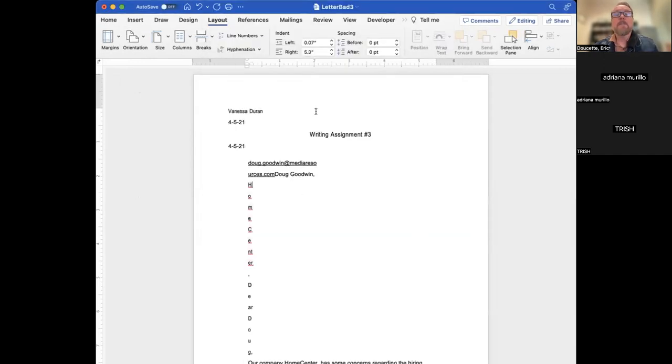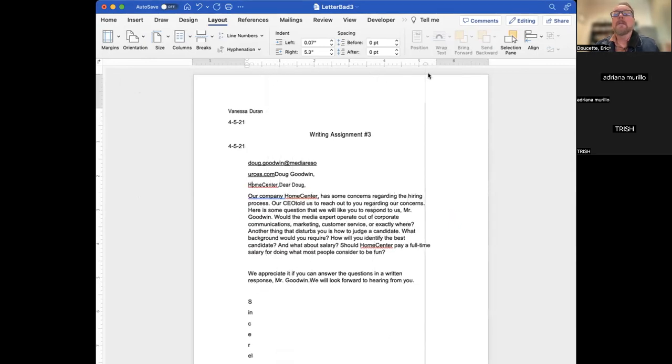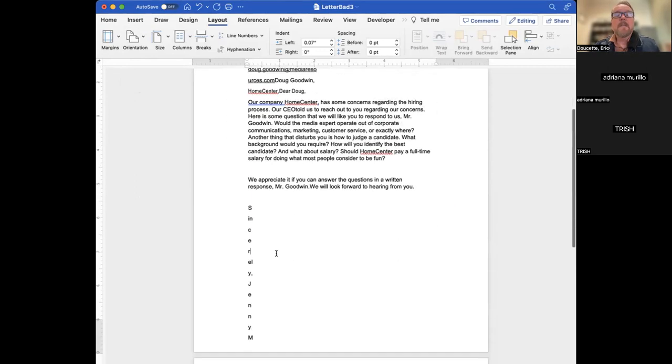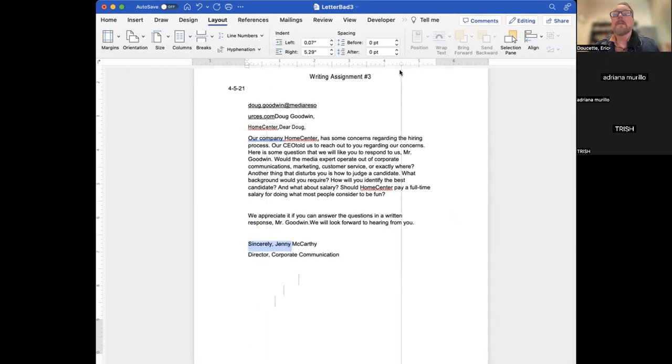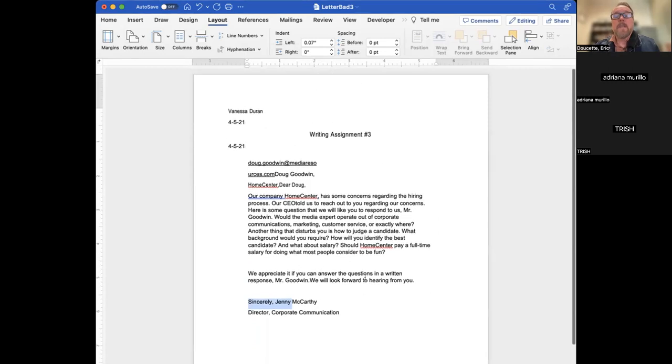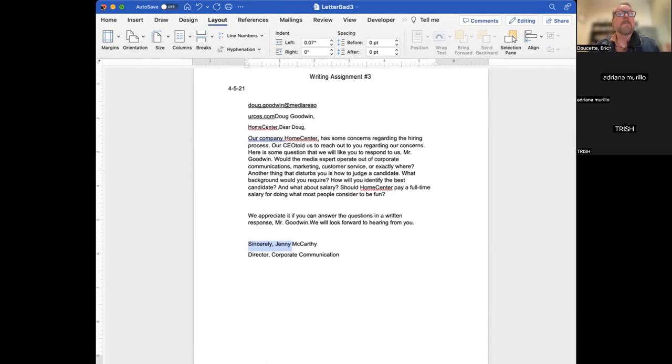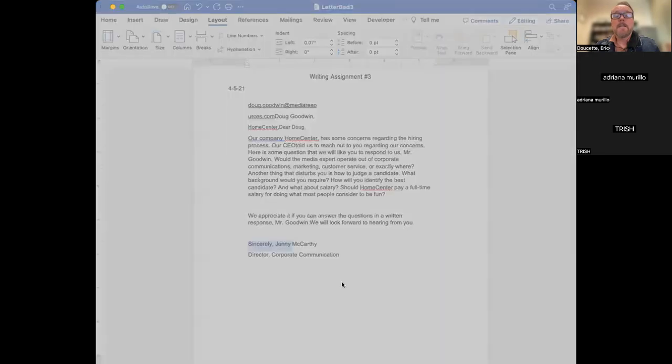Oop, they had a problem here. There you go. So that's the 1.5. And this paragraph didn't get moved either. They did some kind of funky formatting. But anyway, that gives you more length to your document. But again, this one's got a lot of problems. So that's how you do margins.